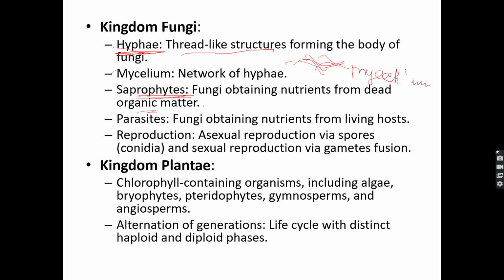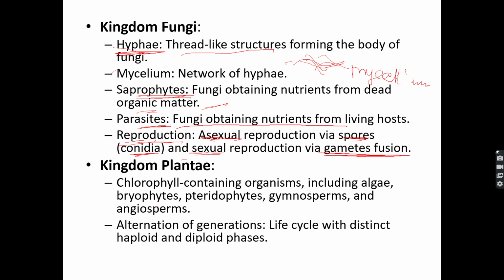That means they obtain nutrients from dead organic matter or dead bodies. Then they can also be parasites. They can feed on a living organism or living host. Fungi obtaining nutrients from a living host are called parasites or parasitic fungi. And if we see the reproduction, they can reproduce sexually as well as asexually. Asexually, they reproduce through spores called conidia, and sexual reproduction is through gamete fusion.